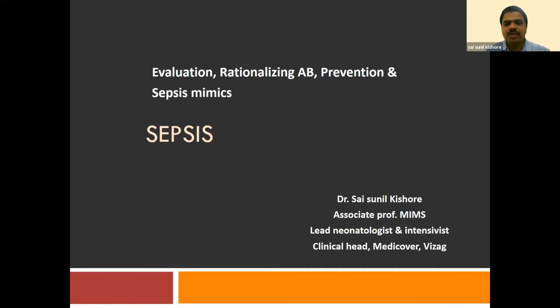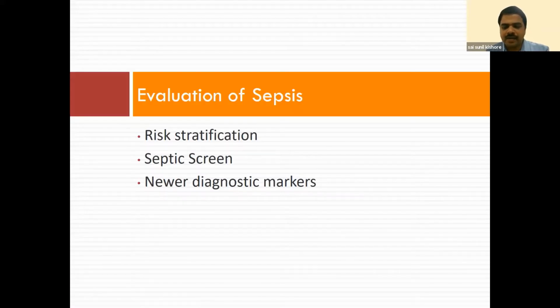So these are the 3-4 aspects of sepsis I'm going to discuss today. Rather than a monotonous talk, I tried to incorporate some case scenarios. As we go through the case scenarios, we'll learn about various aspects of sepsis, and we'll give take-home messages at the end of each aspect.